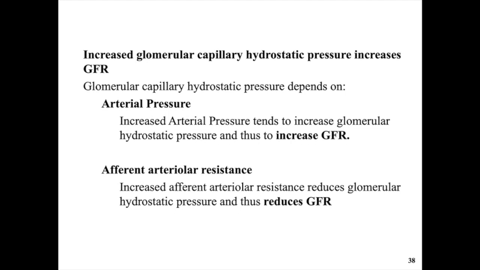Constricting it lets less fluid go. If we put this in terms of resistance, we know that increasing resistance is vasoconstriction. So every time you increase the resistance of the afferent arteriole, so you vasoconstrict, you let less fluid go into the glomerulus, and therefore the filtration rate will lower.